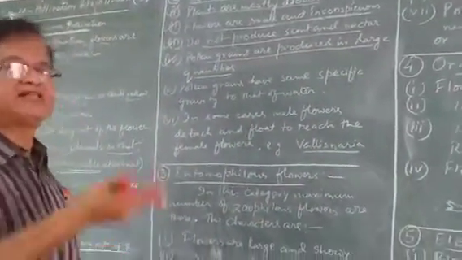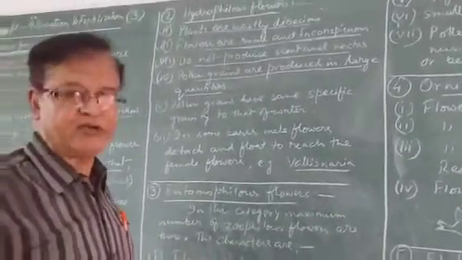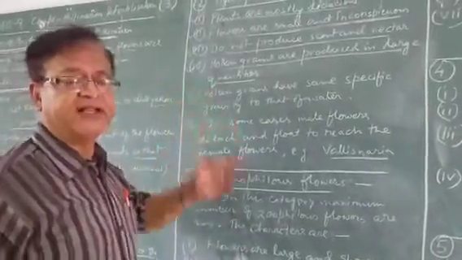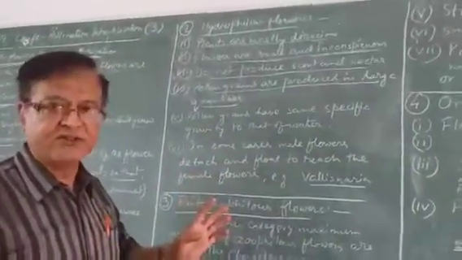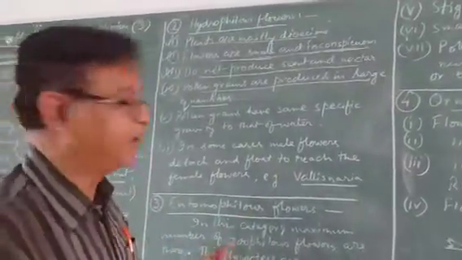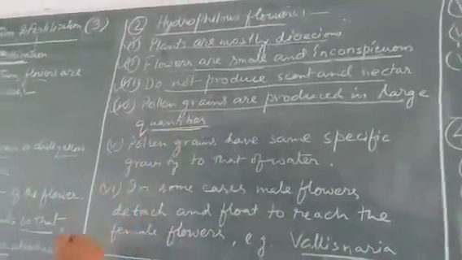Same reason that was there in anemophilous flowers, because water will flow in which direction? Nobody knows. It may flow in the opposite direction to what the plants require. Then all the pollen grains are lost. So for compensating the loss, they have to produce a huge number of pollen grains. That's why pollen grains are produced in large quantities.